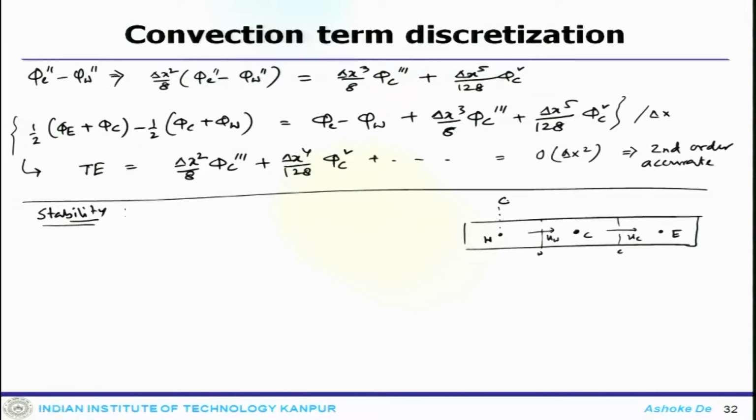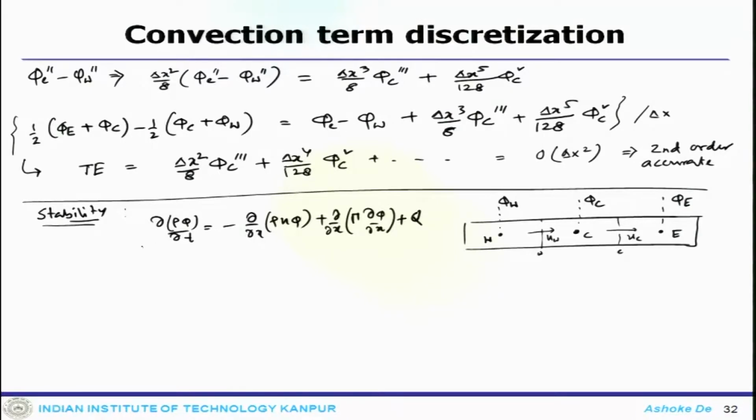Now, the quantity here is phi W, the scalar here is phi C, here is phi E. Now, if I look at the change of this term, it is nothing but del x rho u phi plus del x gamma del phi by del x plus source term.